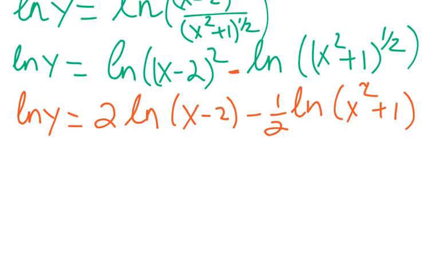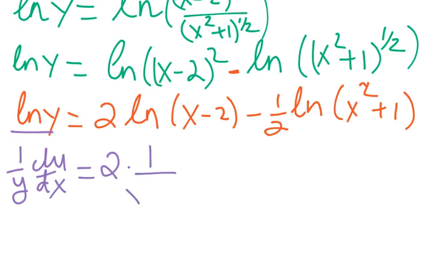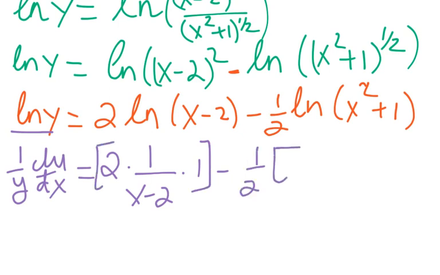So this is the derivative of natural log of y, which is 1 over y dy over dx, right? Okay, over here, the 2, 1 over x minus 2 times 1, I'm putting brackets. This is 1/2, 1 over x squared plus 1 times 2x, okay?